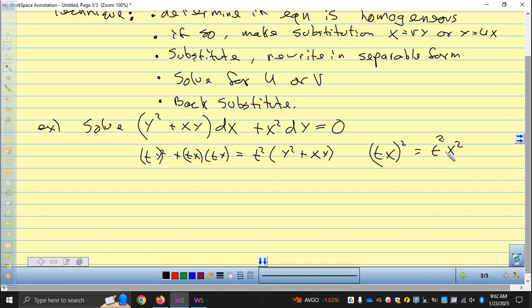So our equation is homogeneous, and our degree is 2.